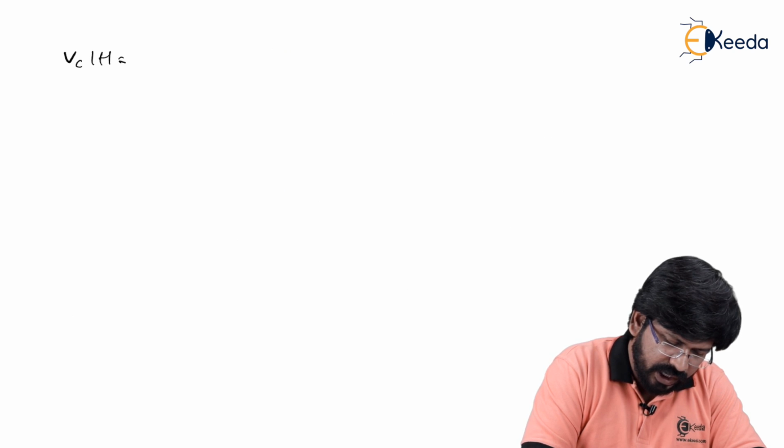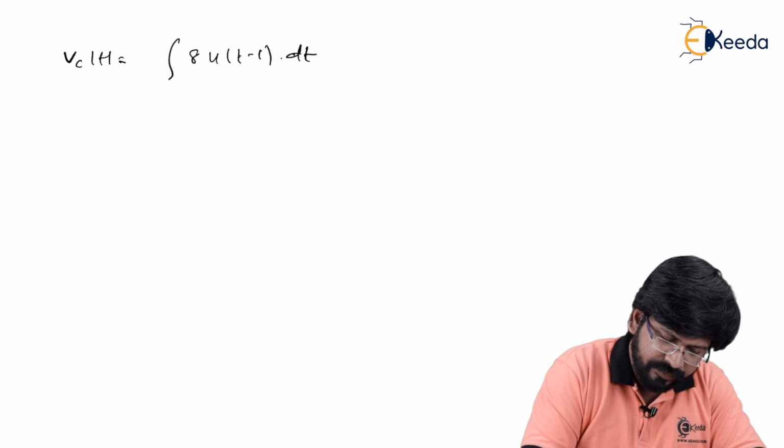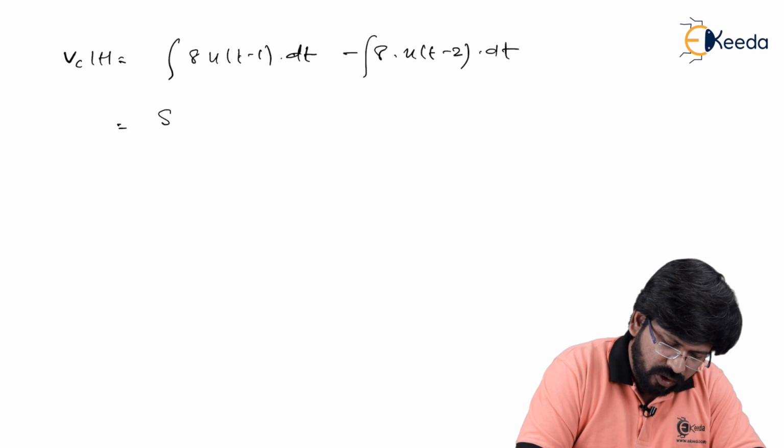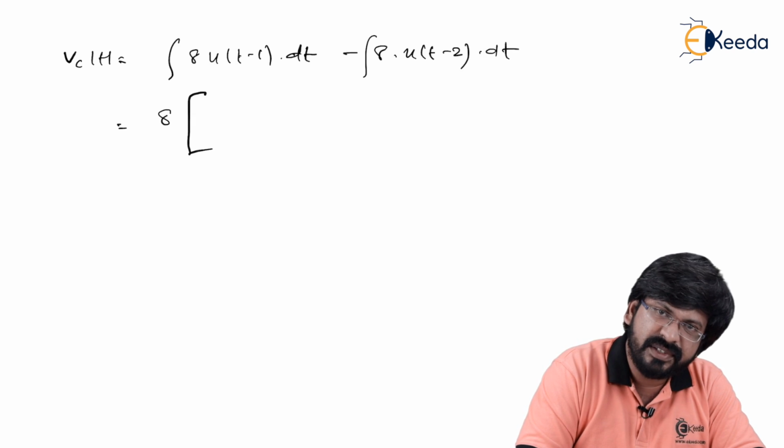So Vc of t, as we have written, now we can separate these two integrations. 8 times integration of u of t minus 1 dt minus 8 times integration of u of t minus 2 dt. We can take 8 common from both integrals.